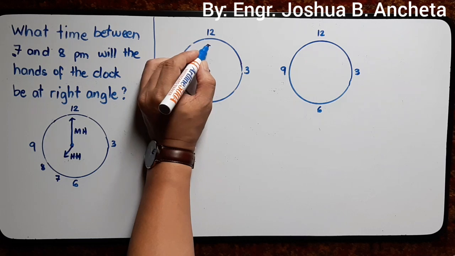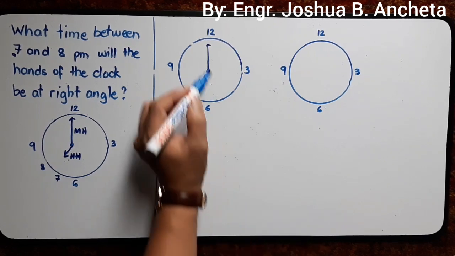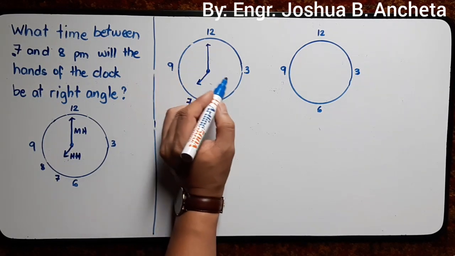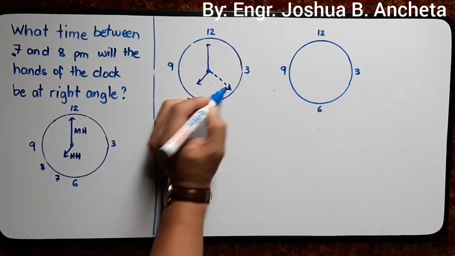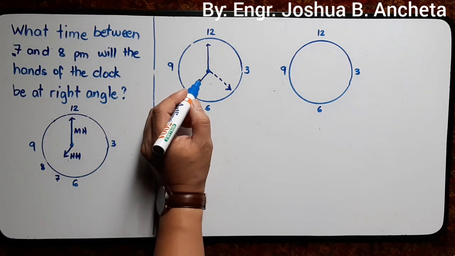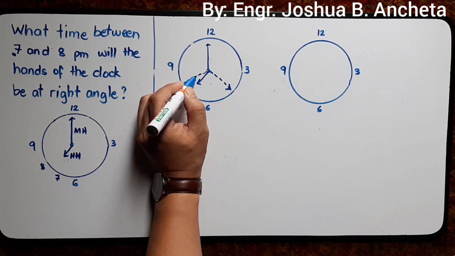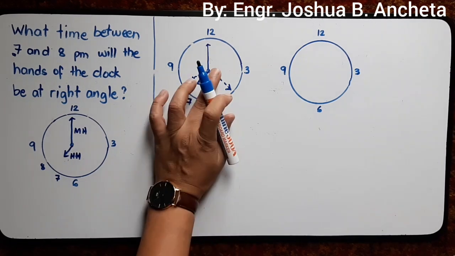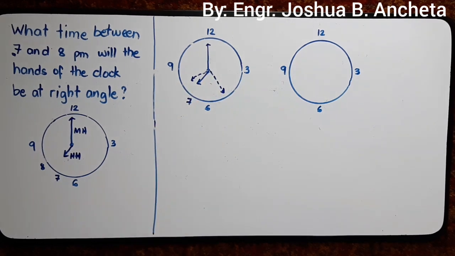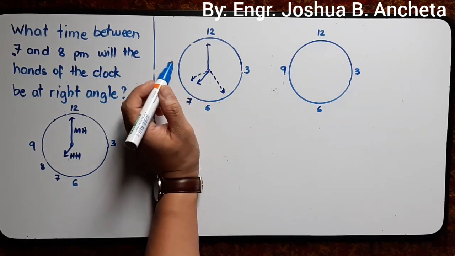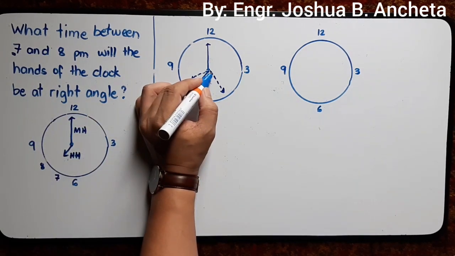If this is the initial position, the 7 o'clock initial position, the minute hand will move somewhere here, and then the hour hand will move somewhere here. Let me redraw this. Okay, so this is the illustration that the minute hand and the hour hand are at right angle.